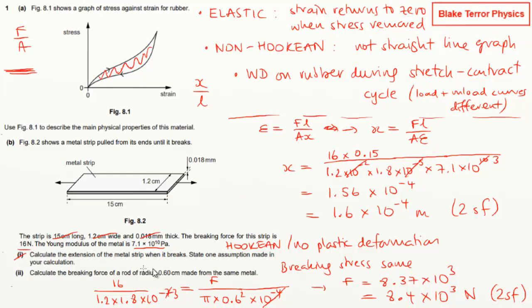But they're going here for this idea that our breaking stress is going to be the same for this material, regardless of its dimensions, and that's something that we're working with, at least at this stage. Again, we're making more assumptions there. Things do vary. If you've got fibrous materials, it depends what direction you're pulling them in. So we can't just apply this willy-nilly and say, oh yeah, this is fact for all materials, but that certainly seems to be what they're getting at here. Otherwise we don't really have enough to work out what's going on.